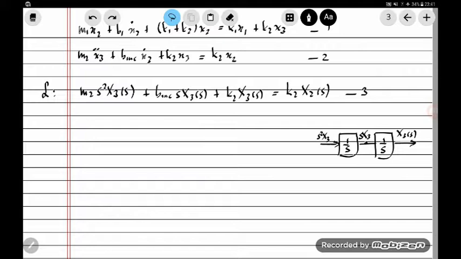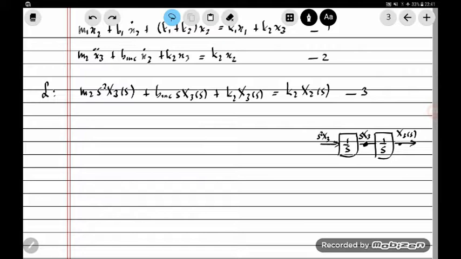This is quite obvious because what is on the output here is 1 over s times sx3, and that is of course just x3. What is on the output here is 1 over s times s squared x3, so that is of course just sx3.